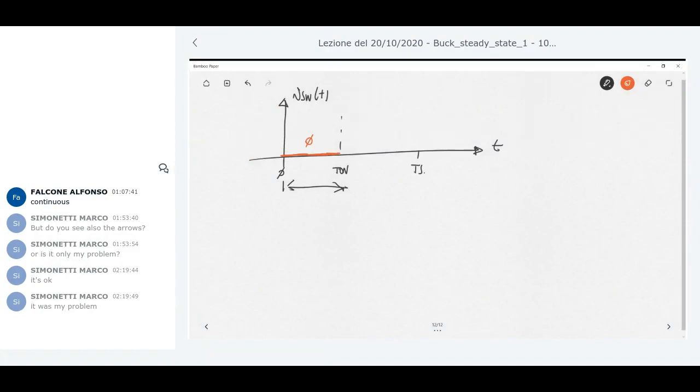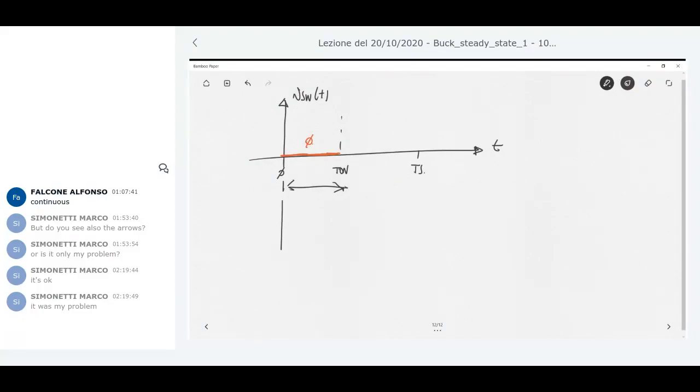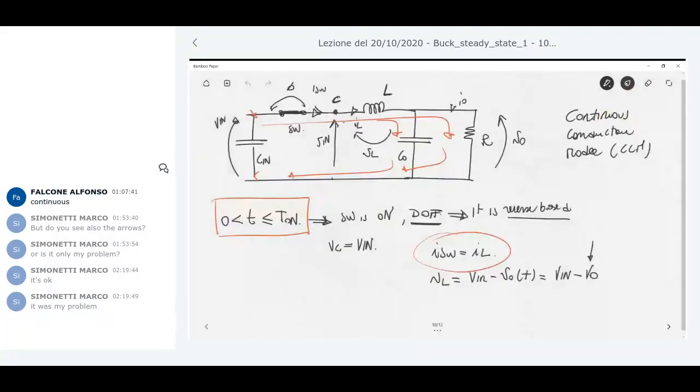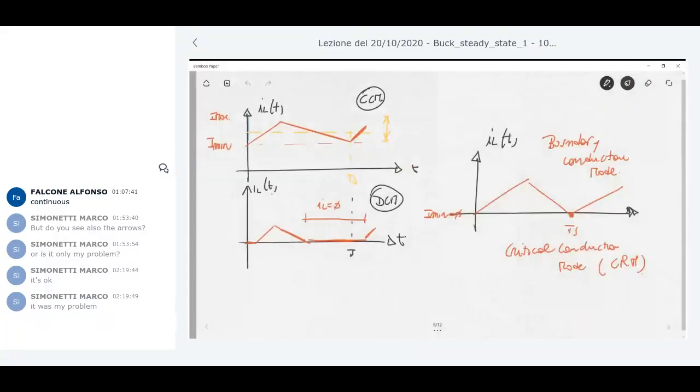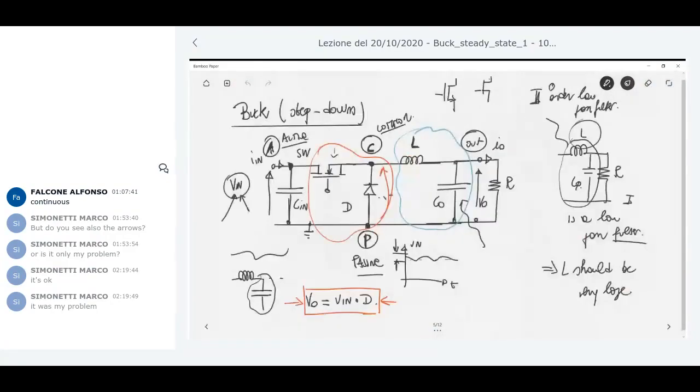The voltage across the diode, look at the circuit here. As you can see, you can define a voltage VD from the anode to the cathode. So the voltage across the diode is negative V in.